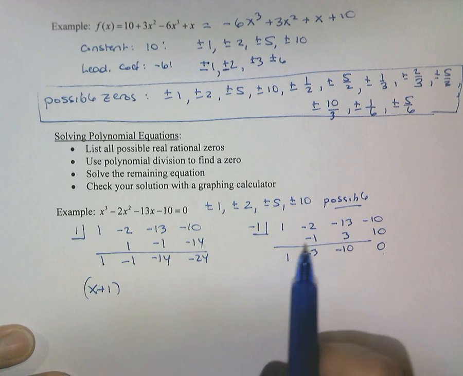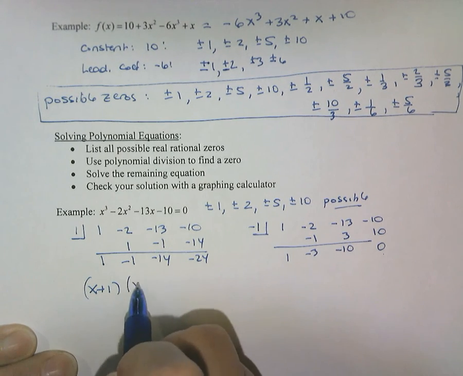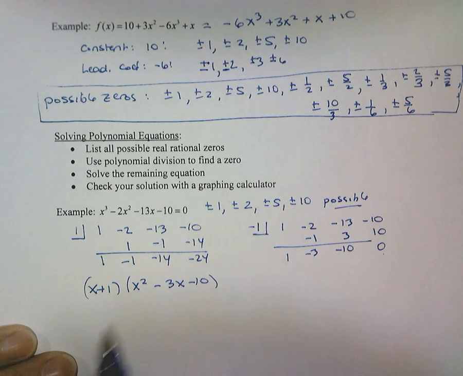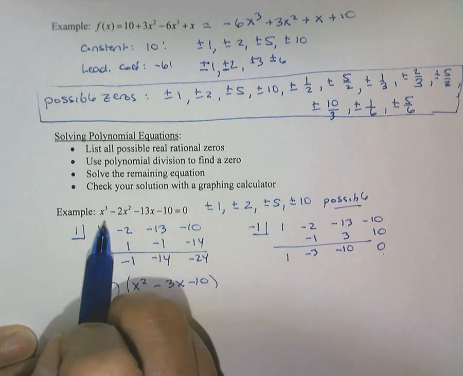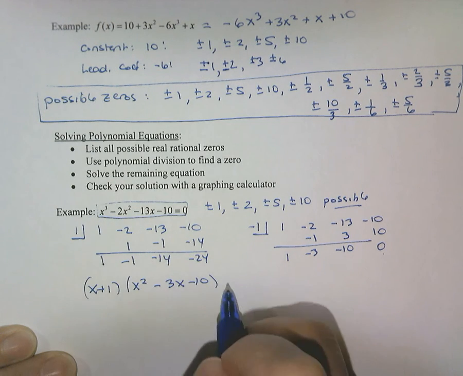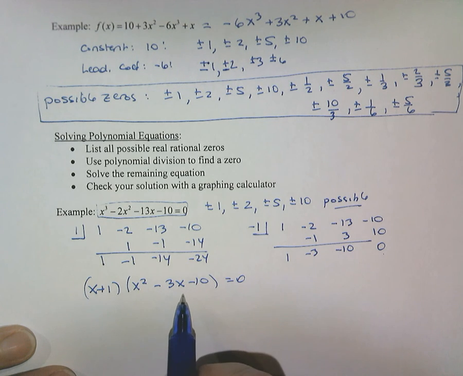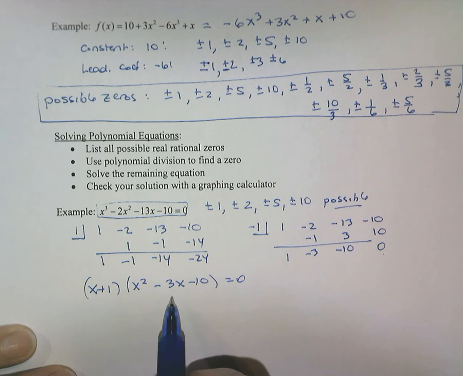And just like before, this quotient is going to be x squared minus 3x minus 10. And this, if I multiply this together, I get back to this. So I want it to equal 0. And I want to solve this equation. Well, this is a quadratic. We've been solving quadratics for a long time.